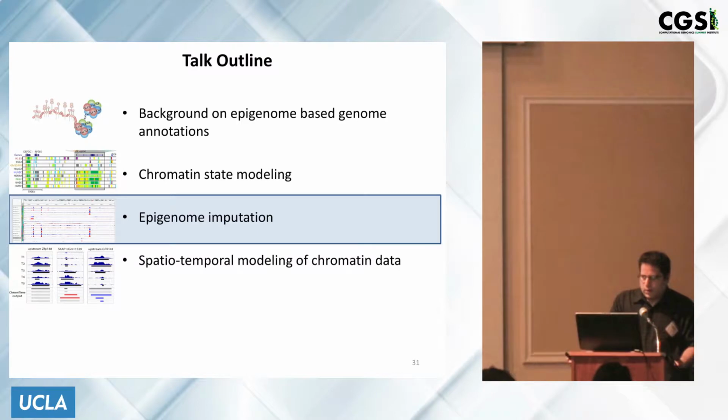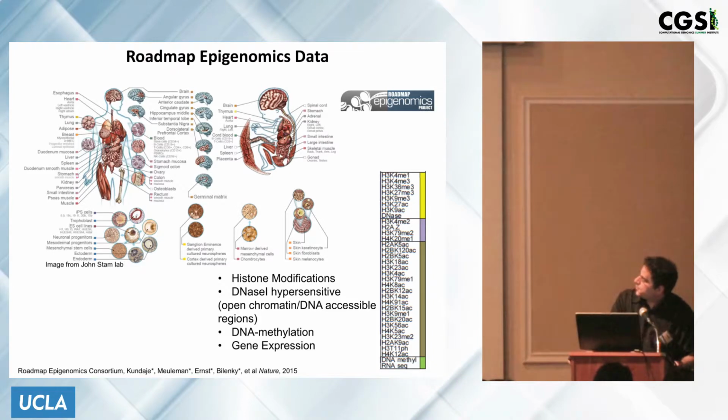So now I'd like to talk about another problem, and this is epigenome imputation. It's motivated by some of the Roadmap Epigenomics data, which tried to map various different histone modifications in a large number of different cell and tissue types.